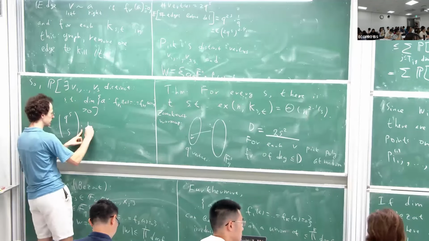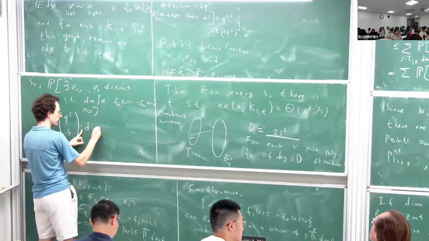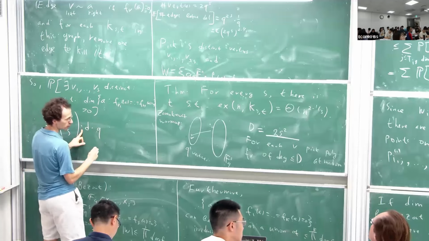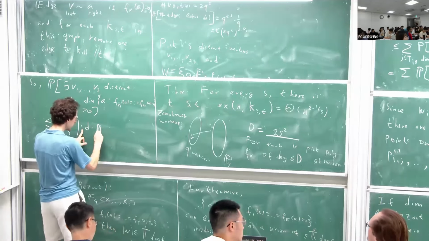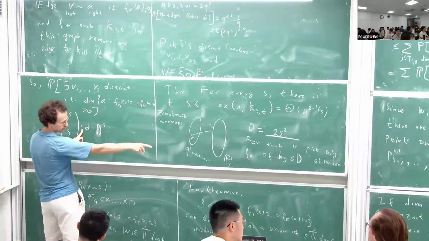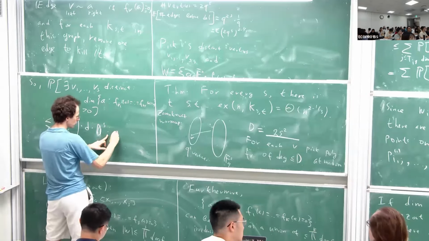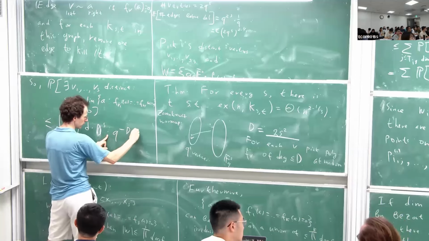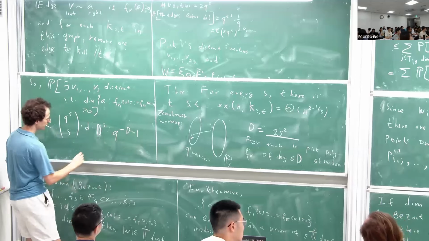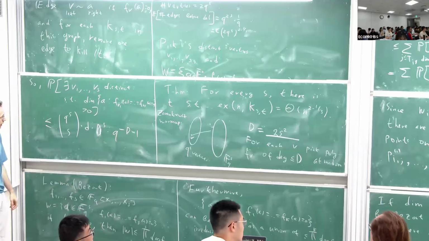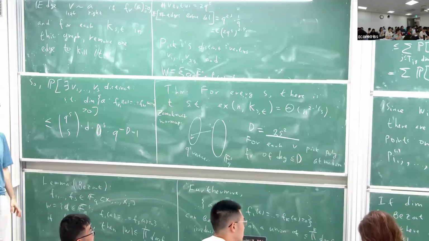So it's going to be D times Q times D to the power S, that's the bound down there, times Q to the minus D. So that's our union bound.